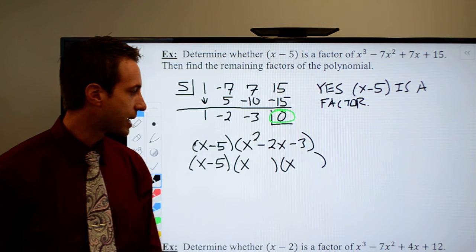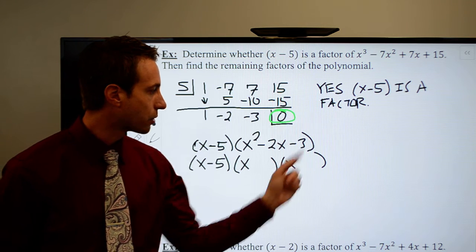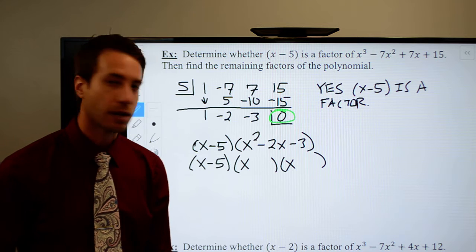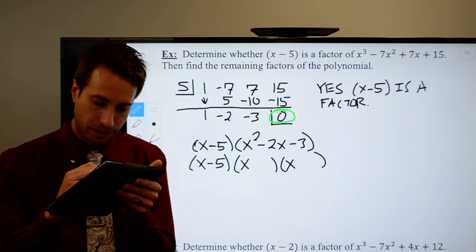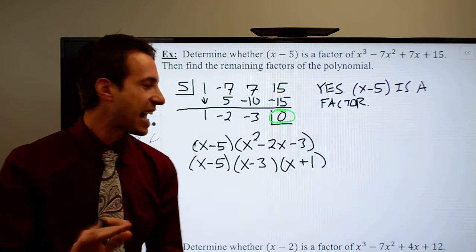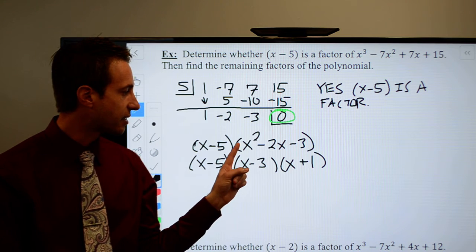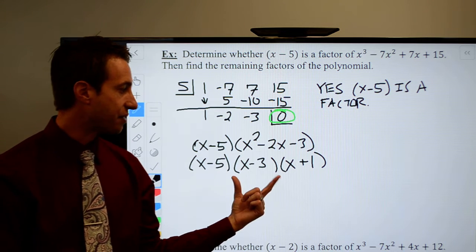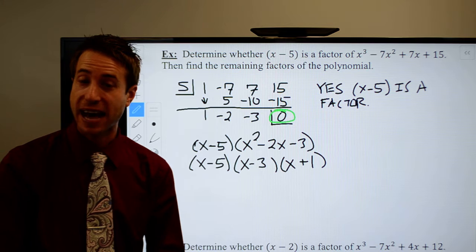X times x gets me x squared. Then I need 2 numbers that multiply to a negative 3 and sum to a negative 2, which of course is going to be a minus 3 and a positive 1. I didn't have to do the slide and divide method because this leading coefficient was already 1, so there's no sliding, there's no dividing. These are my 3 factors.